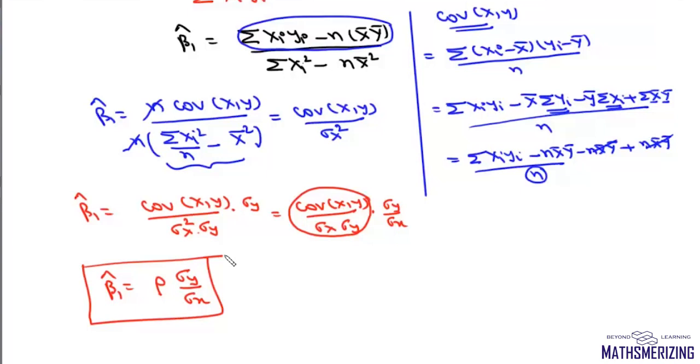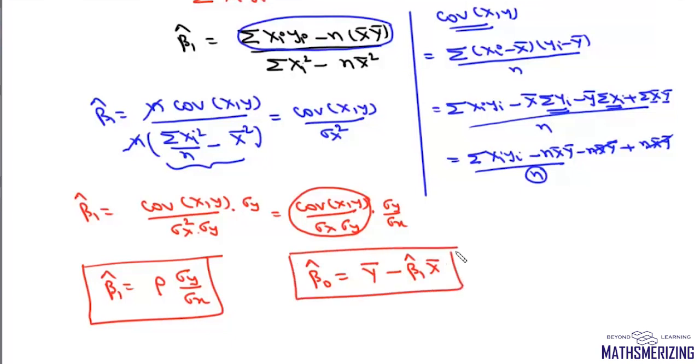So now we have estimated beta 1, and from beta 1 we can calculate beta naught cap, which is y bar minus beta 1 cap x bar. So this is how we estimate parameters using least square method, and this is the relationship between coefficient of correlation and regression coefficient in classical simple linear regression model.